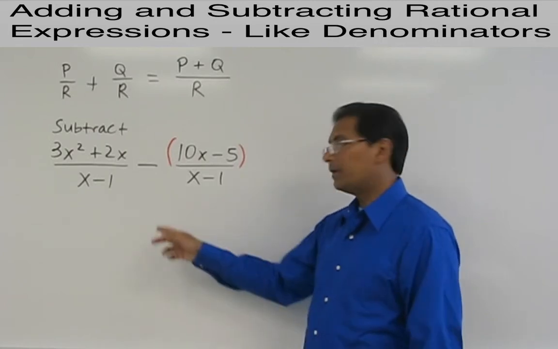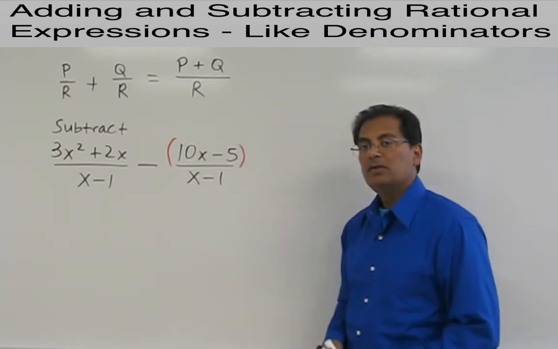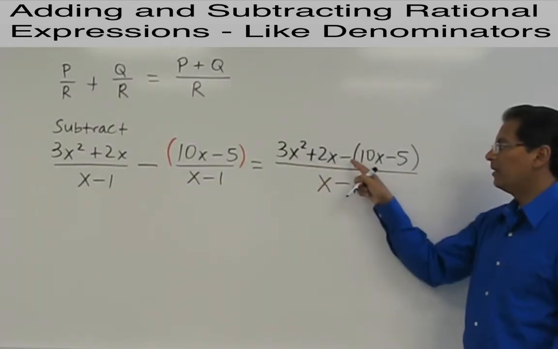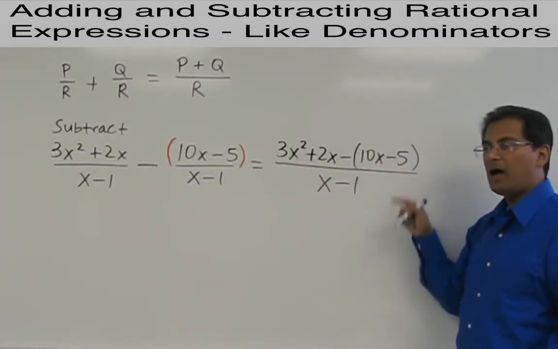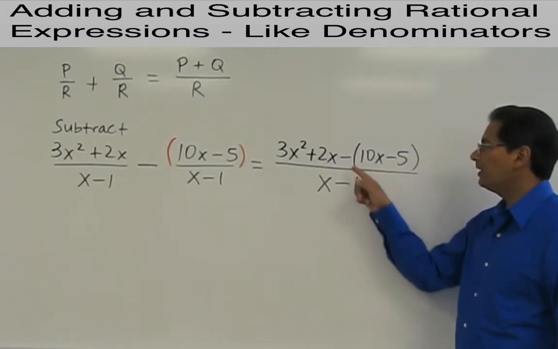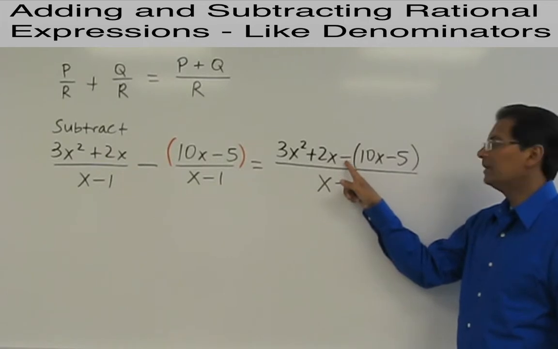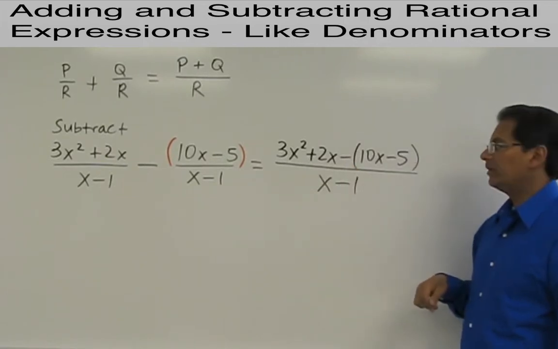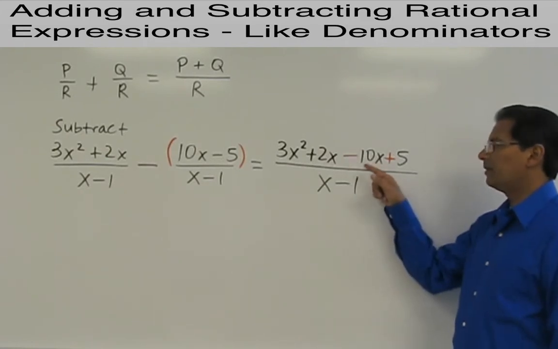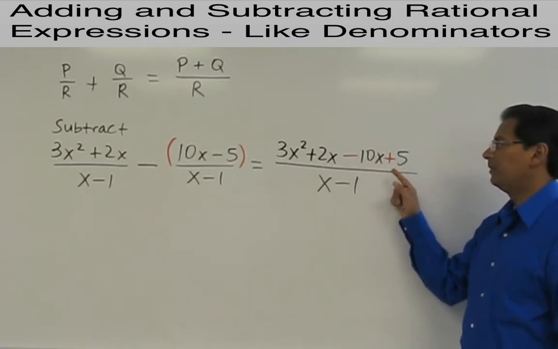So if we do that and have the same common denominator, we get 3x squared plus 2x minus (10x minus 5) all over x minus 1. Now we have to distribute this negative sign through the second expression, and if we do that, what do we get? Minus 10x, and a minus times a minus gives me plus 5.